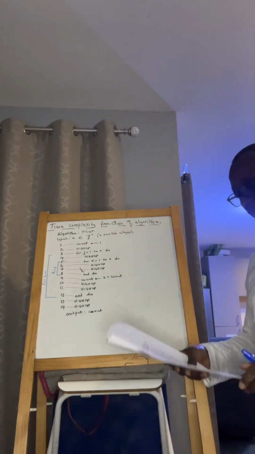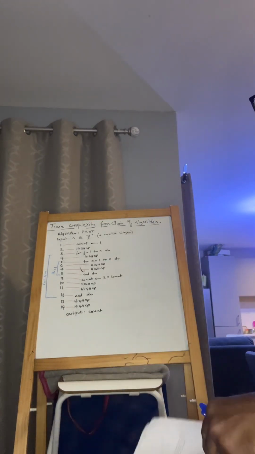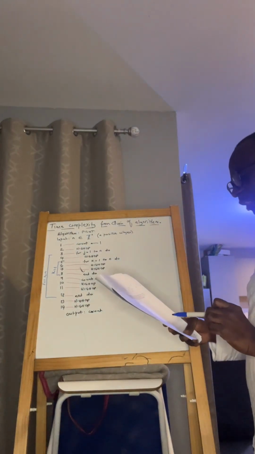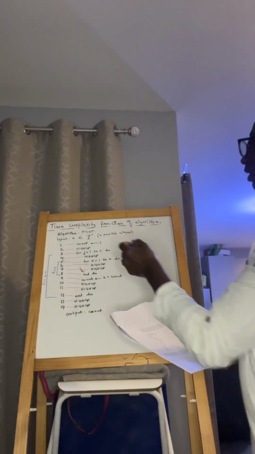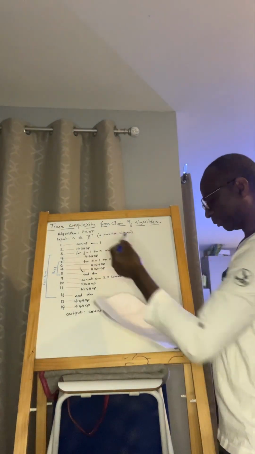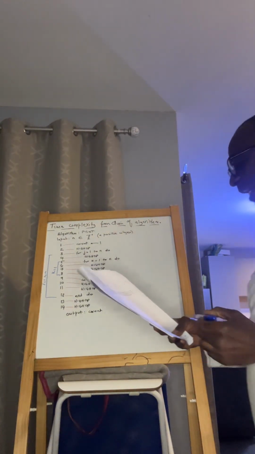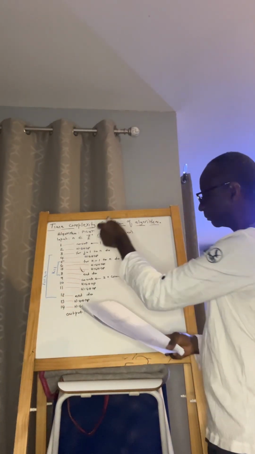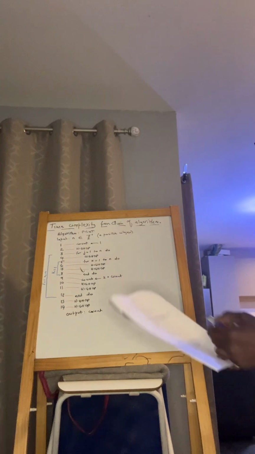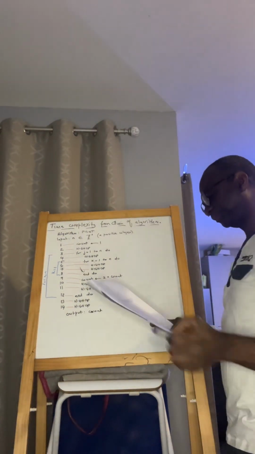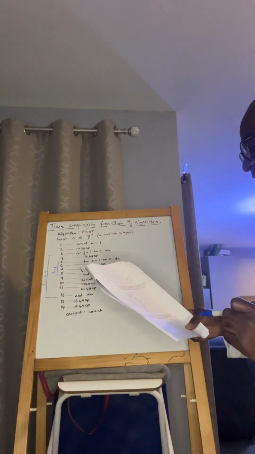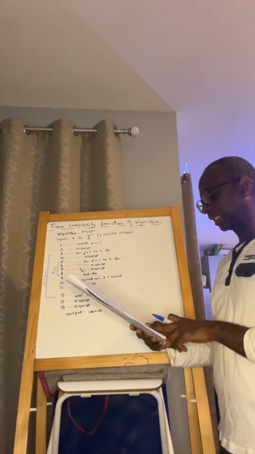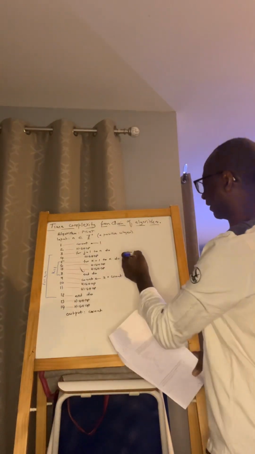I haven't got enough space to write the question because the code has already taken the entire board. The question says, let Gn be the number of these high operations which are executed when the algorithm Pilot is run with input size n. Now the question says, find in terms of n an exact expression for Gn.